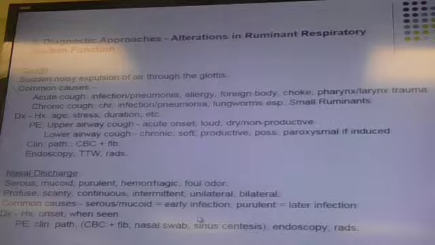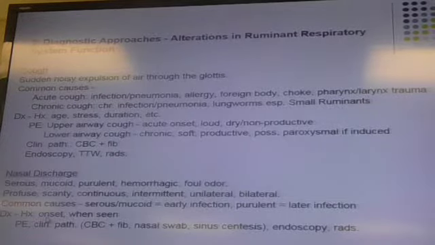So basically, you're just trying to gather clues. Okay? And then your diagnosis, like I said, early versus late, and some of these will help you.